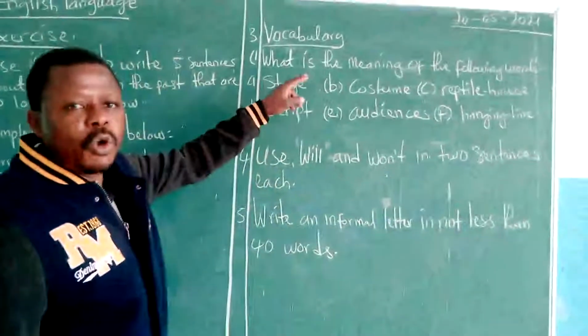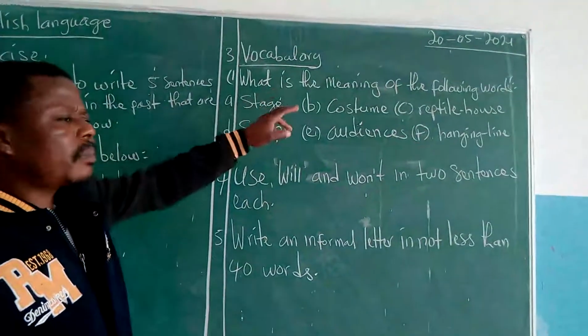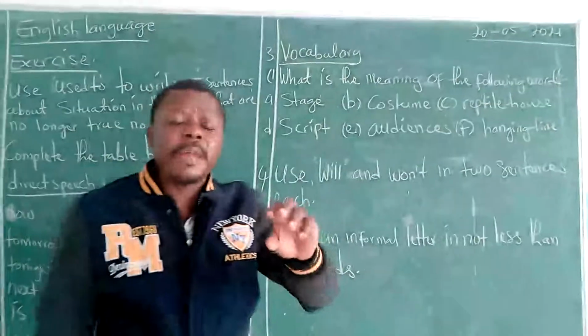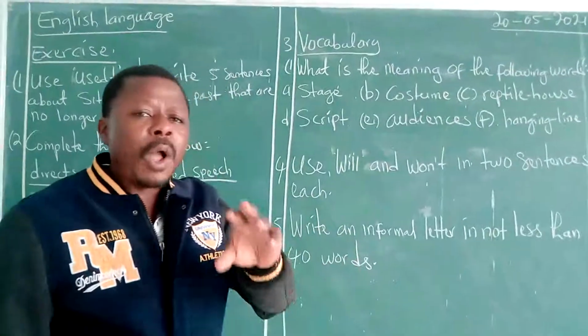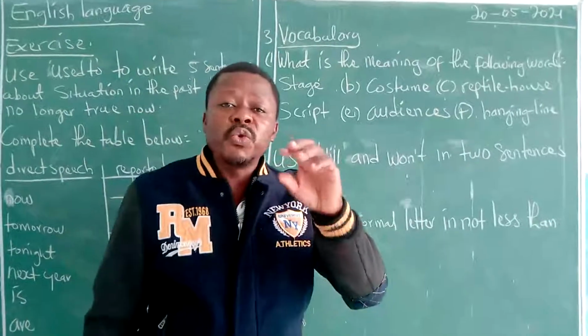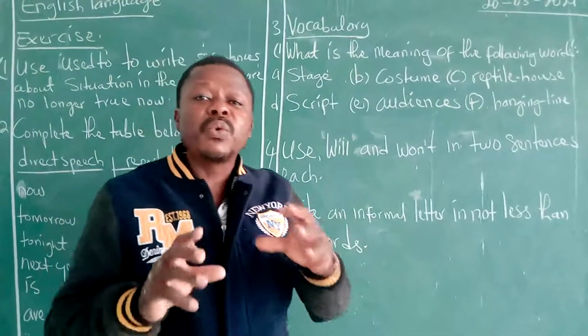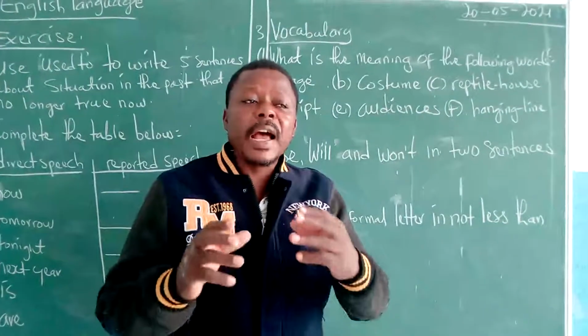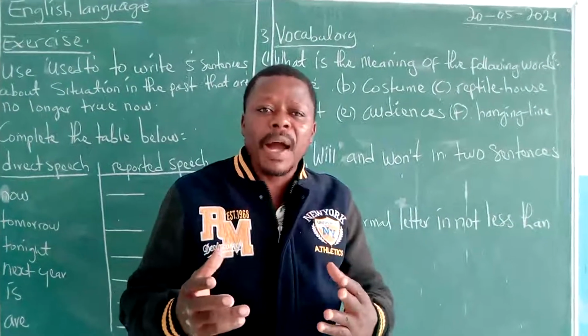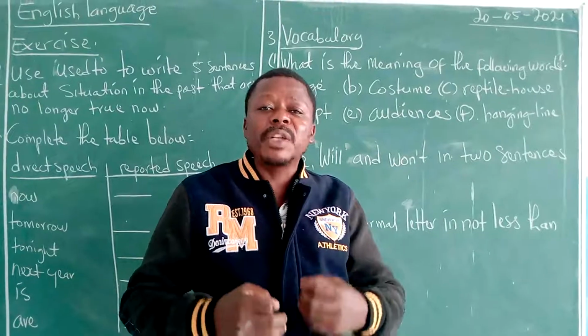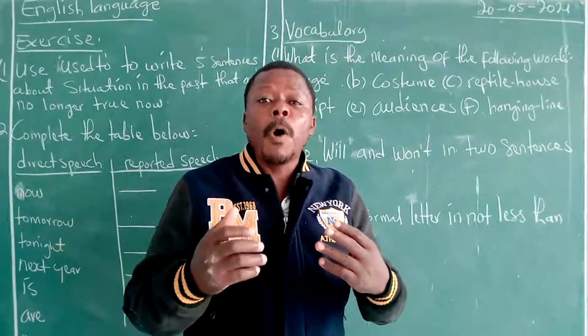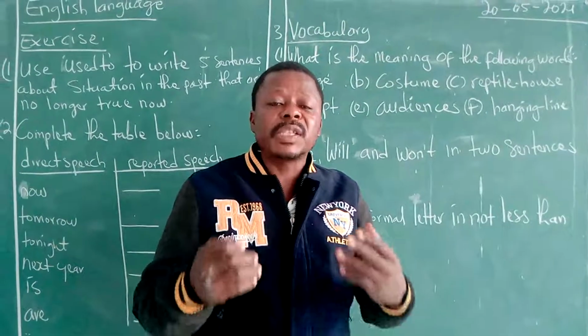We look at question number 3, vocabulary. Remember, I told you the importance of vocabulary. Vocabulary helps us to come across new words and have a mastery of the meaning of those words and how we can use them in our language. It helps us to improve our language power, to speak the language more flexibly, and to be more acquainted with new words as we study every day.